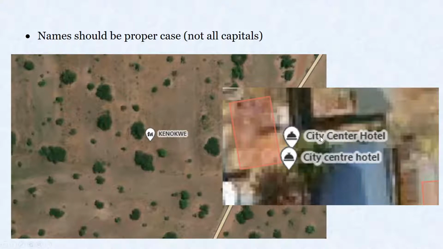It looks like an American was doing the tagging because this is American spelling, and then the Commonwealth spelling of center, but you can see that the H in hotel should be a capital, and the C in center should be a capital. These two points should be combined, and then this village here, the name should be a capital letter K and then lowercase for the rest of the letters.